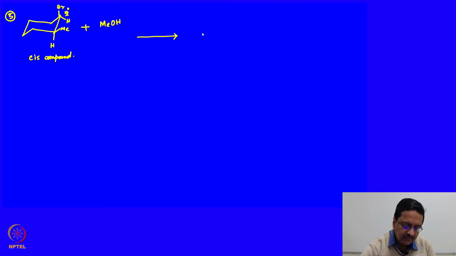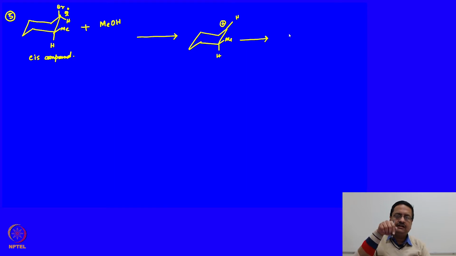Once we form a carbocation at that site, with methyl and hydrogen down, the methanol molecule can come from the top and from the bottom of this carbocation, and after deprotonation it is possible to get these two products.